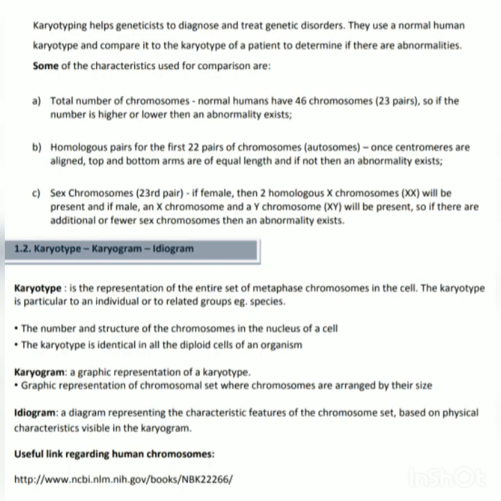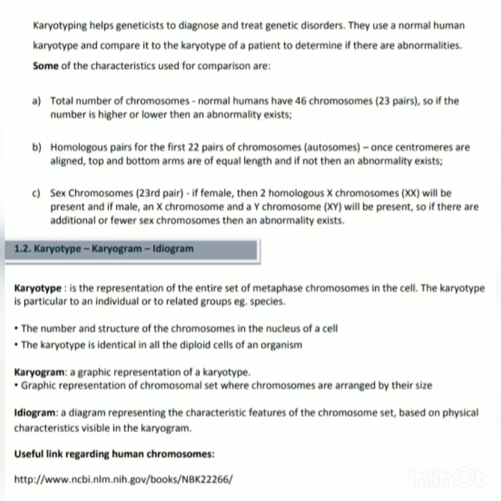Now here I want you to please concentrate on this particular page. You should be very clear about the three terms: karyotype, karyogram and ideogram. Karyotype, as I have already told you, is a representation of the entire set of metaphasic chromosomes in a cell, right? It is particular to an individual or to a related group of species like Homo sapiens.